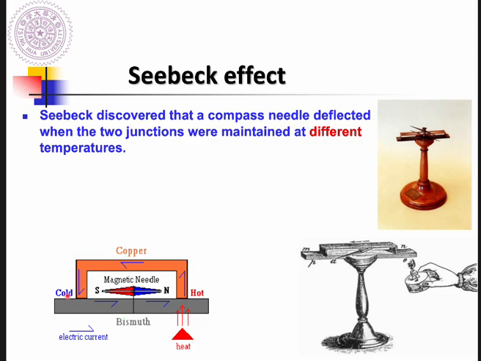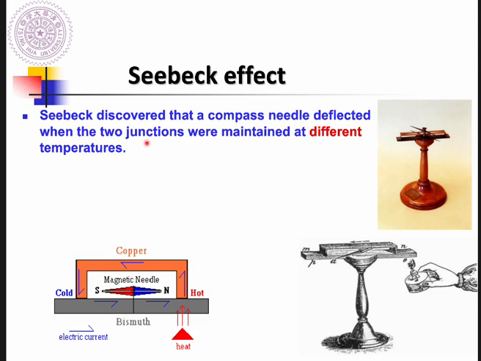What this means is that Seebeck put a magnetic needle inside this setup, with copper on the top connected with bismuth. We have two junctions here, but one junction is heated up, which leads to a temperature difference between the two junctions.